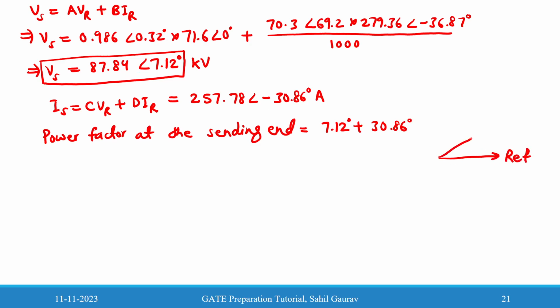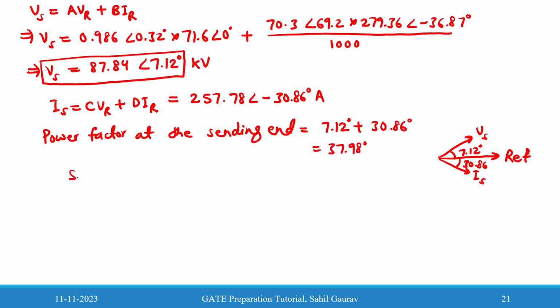So Vs is coming here, and this is 7.12 degree, and this Is is coming at 30.86. So the total power factor angle will be 37.98 degree.